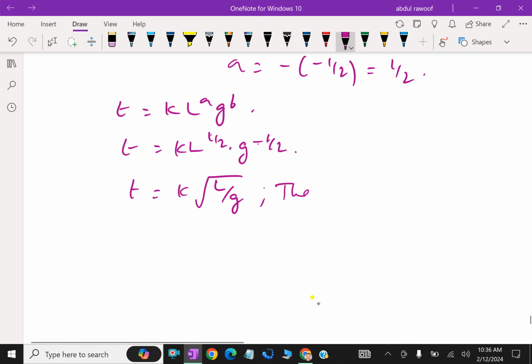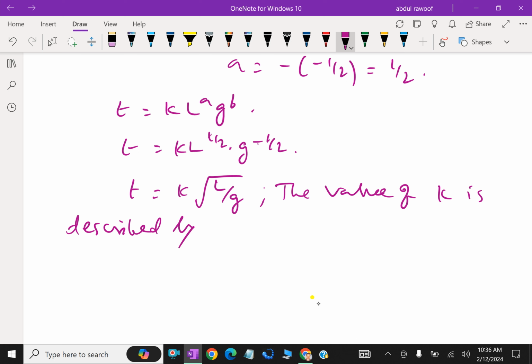The value of k in this concept is determined by an experiment. That is k equal to 2 pi.